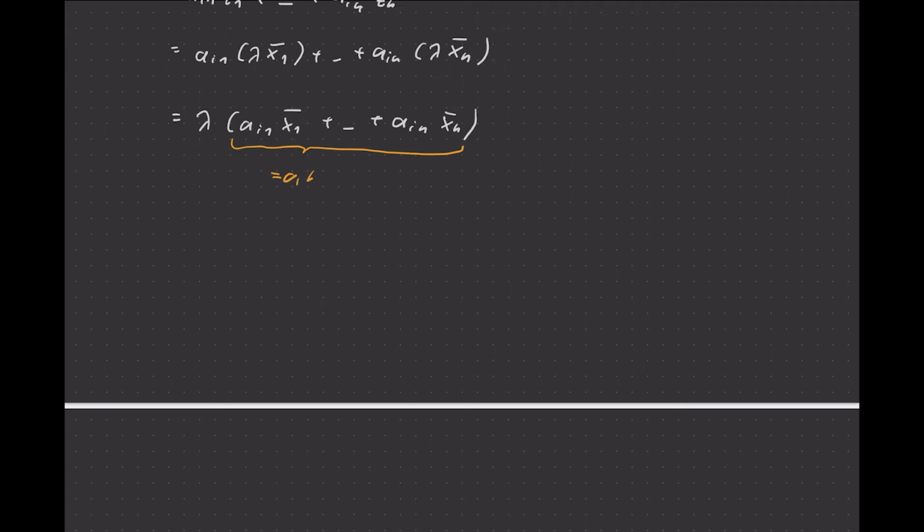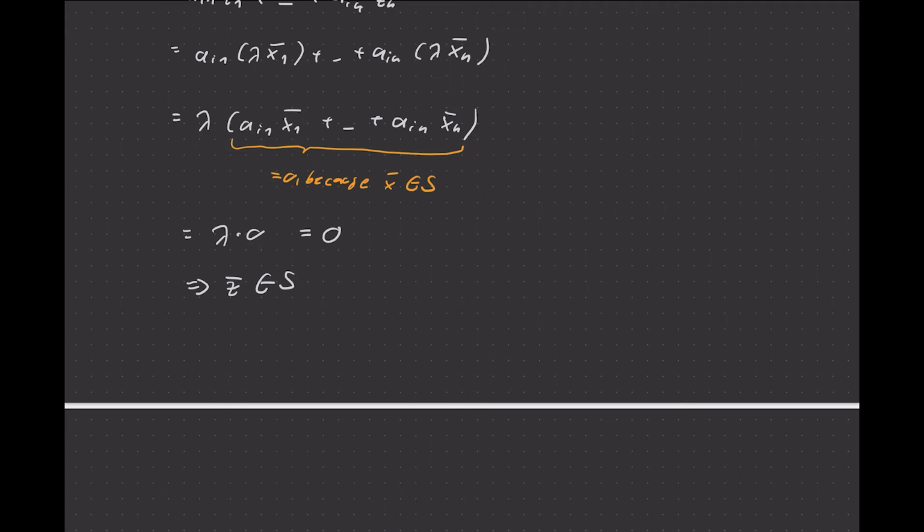So this is 0 because x bar is contained in S. And that means what we have here is lambda times 0, which is, of course, equal to 0. So, Z bar solves the equation, and that means, as this is true for all equations, Z bar is contained in the set S.